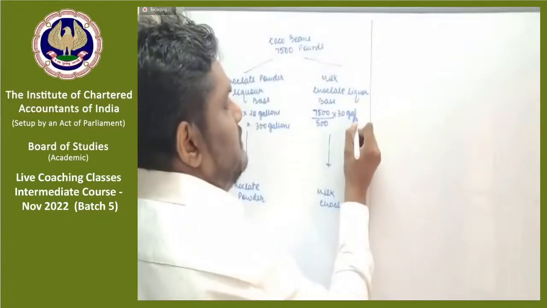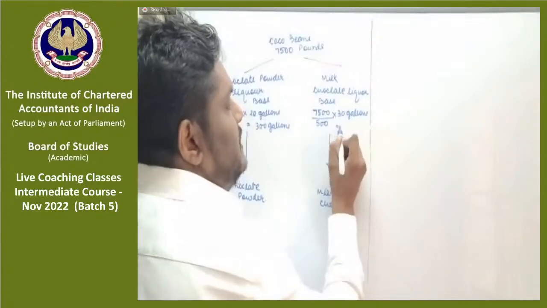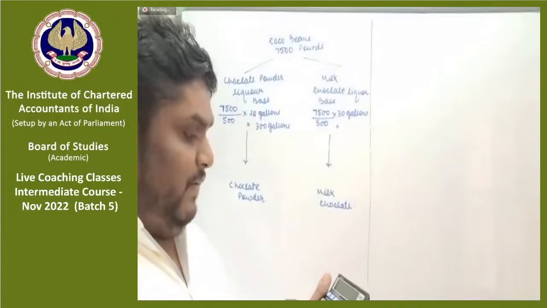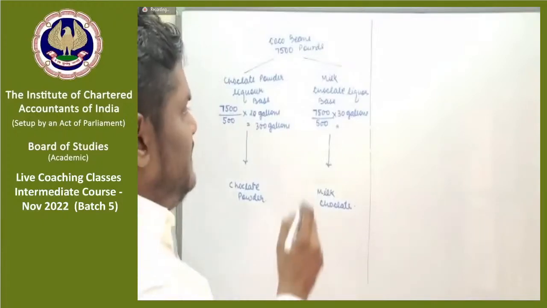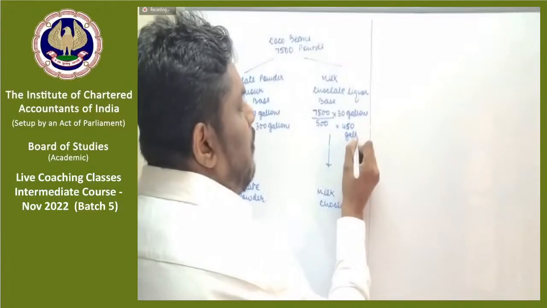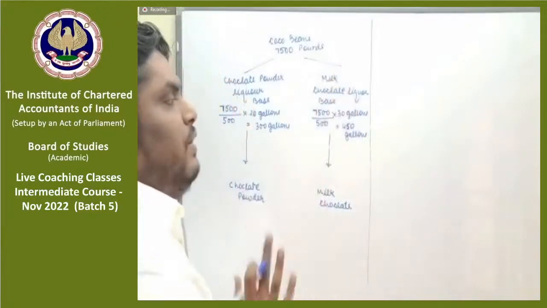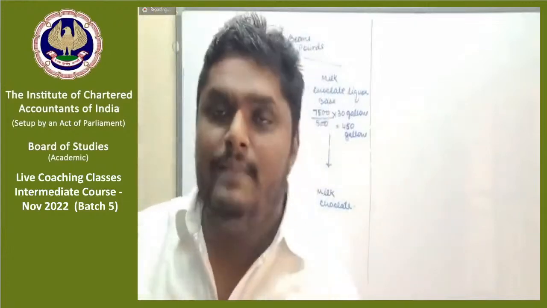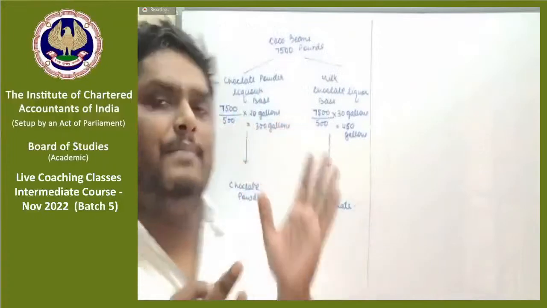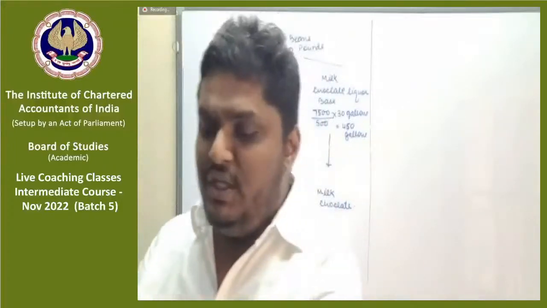So it means 7,500 divided by 500 into 30. So a total of 450 gallons we are getting for milk chocolate liquor base. I'm just writing the question. I have not yet started with the solution. I'm just writing what is given in the question, guys.